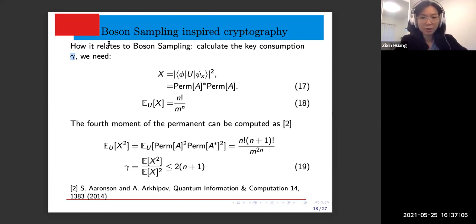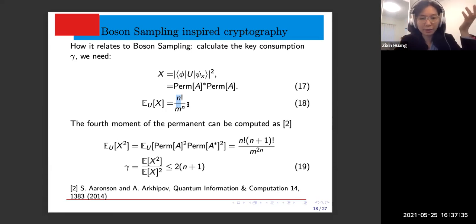The actual quantity that we want to calculate is the overlap of Eve's vector with the unitary operator acted upon by a typical code word. This is proportional to the permanent squared. We can calculate the mean value, which is n factorial divided by m on n.